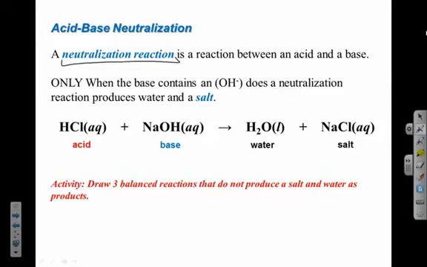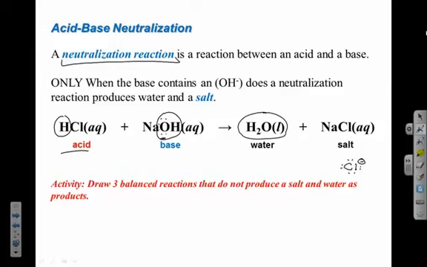What you need to do, if you know something is an acid, treat it as an acid. Allow it to give up an H plus and write what would be left over without that H plus. If you have a base, treat it as a substance with a lone pair that can pick up an H plus. And if that base happens to be OH minus, and only if it happens to be OH minus, when it picks up an H plus, it will produce water.